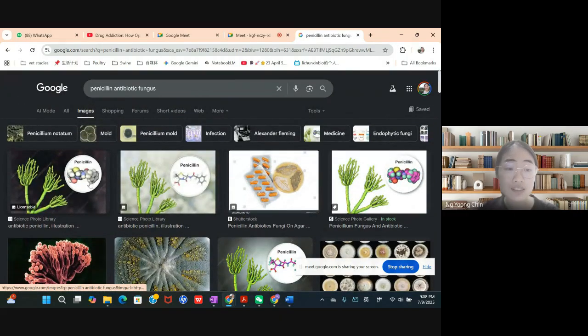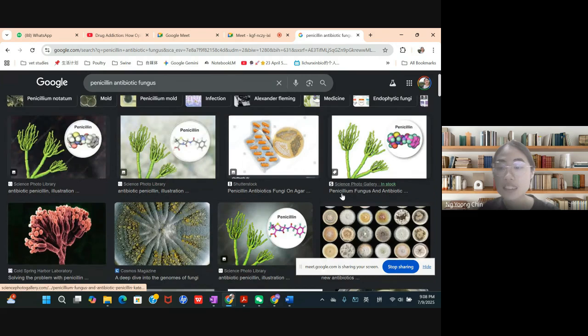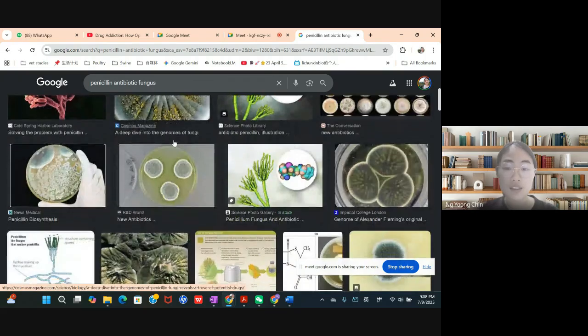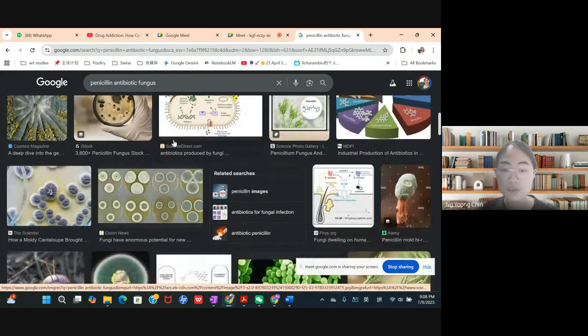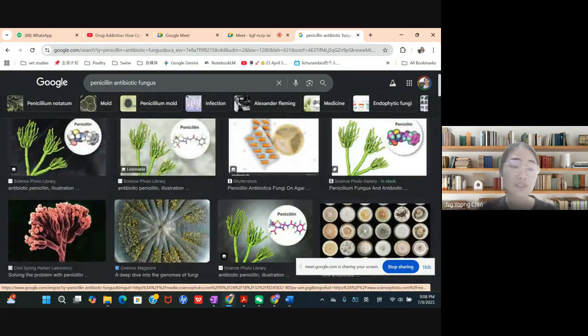You can see this fungus, penicillium. The penicillium fungus produces the antibiotic known as penicillin. This penicillin can kill the bacteria, so they will become like this. It's a fungus that produces an antibiotic which is able to kill the bacteria.